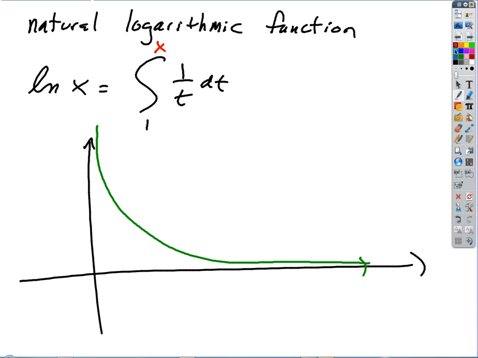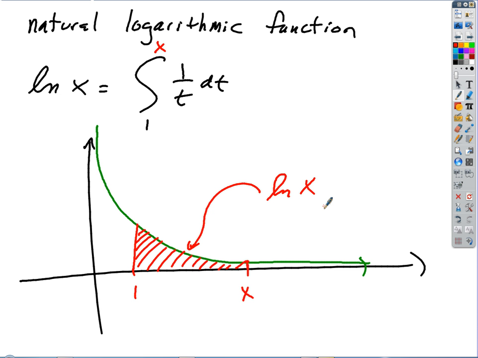And if that's x equals 1, or t equals 1, and say this is t equals x, then this area here is what defines the natural log of x, right?